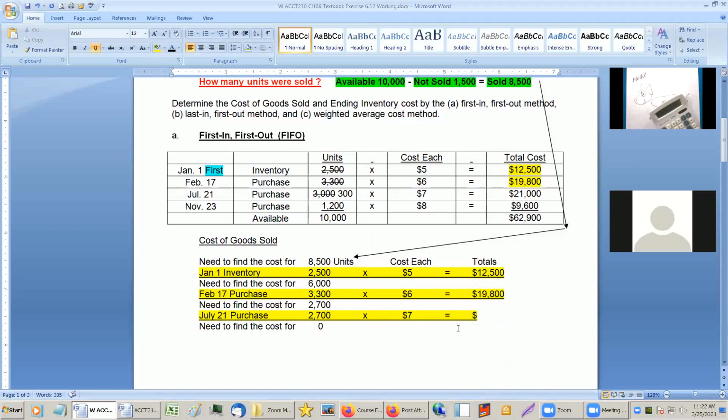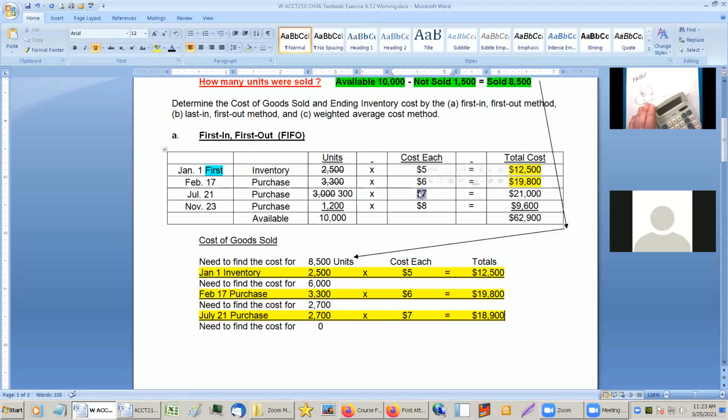We took 2,700 times 7. 18,900. I'll calculate that once again, just to make sure I didn't do it wrong. 2,700 times 7. Yeah.